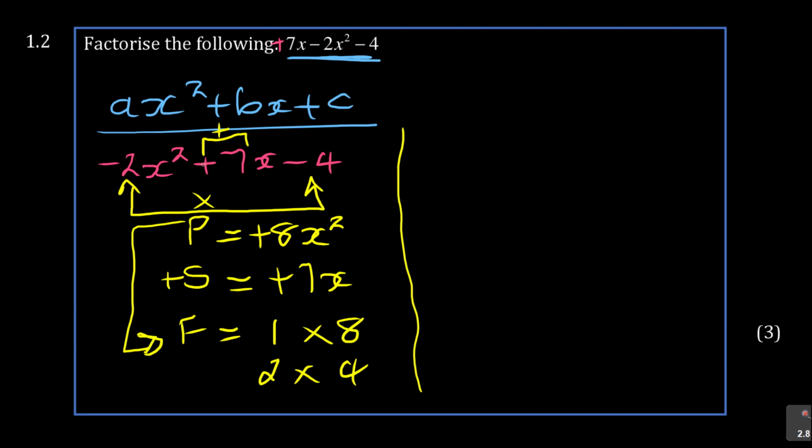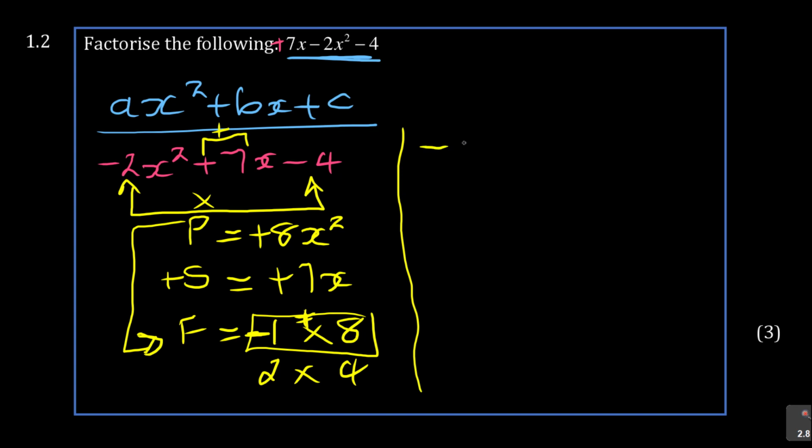And then the next one is 7x, which is the sum. If I put a negative on the 1 and add minus 1 plus 8, I'll get a positive 7. If I take a calculator and say minus 1 plus 8, it gives me a positive 7.